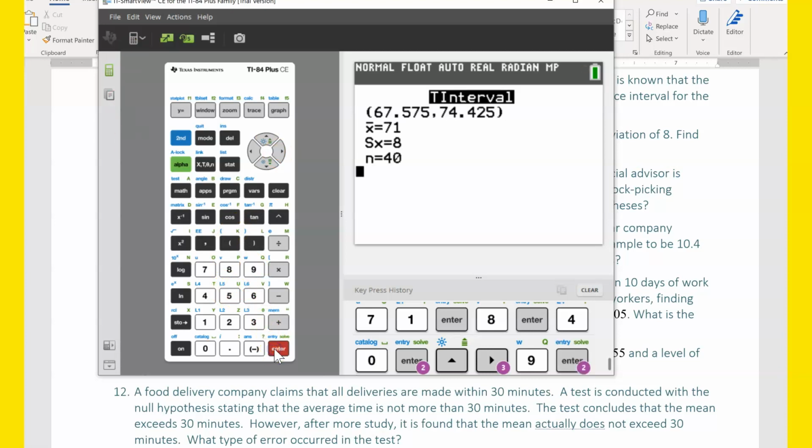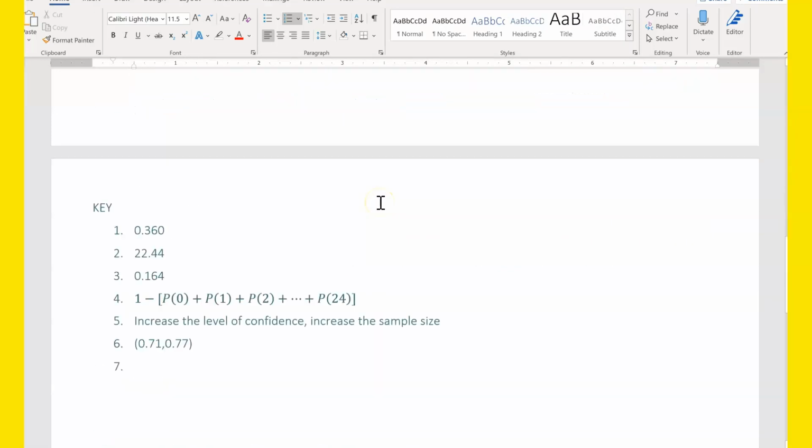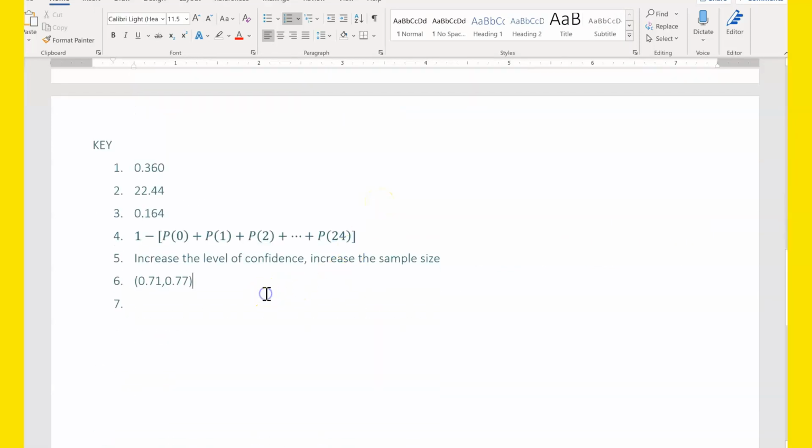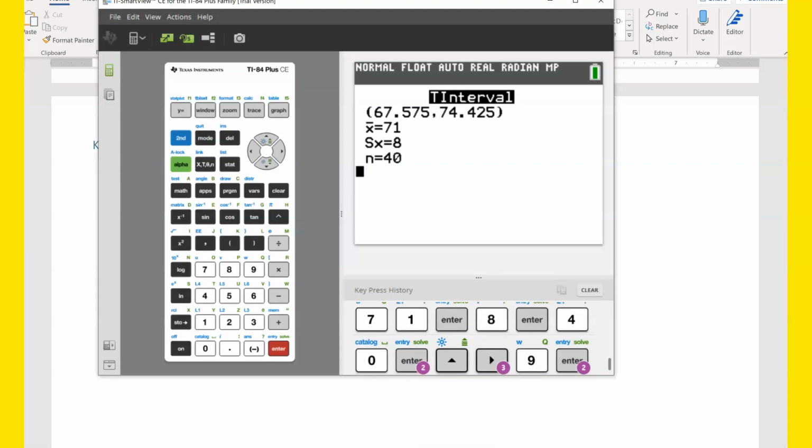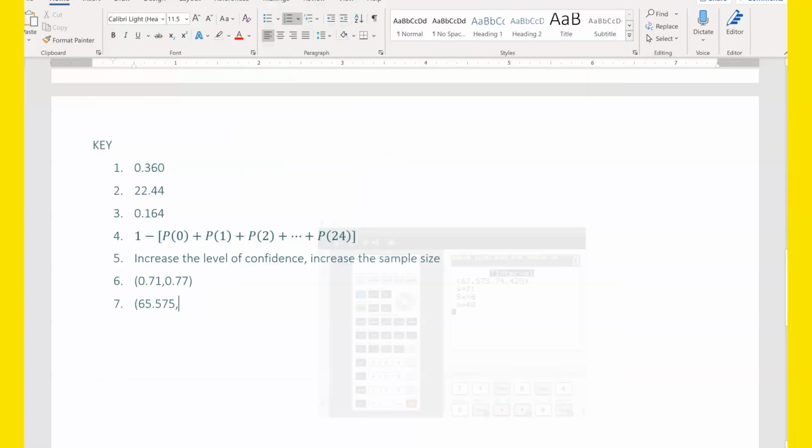And we calculate that, and we get our confidence interval: 67.575 to 74.425.